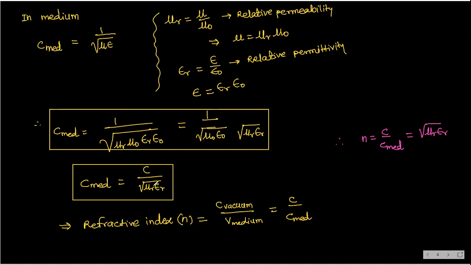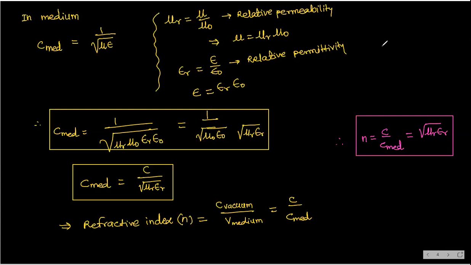Just transfer this term here and this term here, you will get this, and that is your refractive index formula. So now you can note down this formula also. Do it fast. Okay, note down. Let's move ahead.